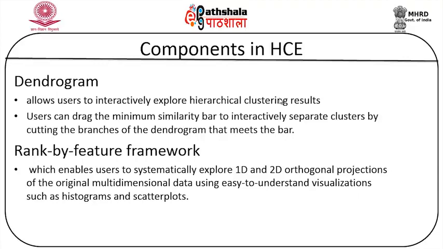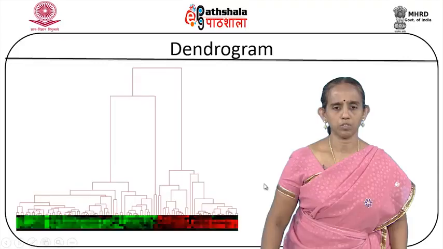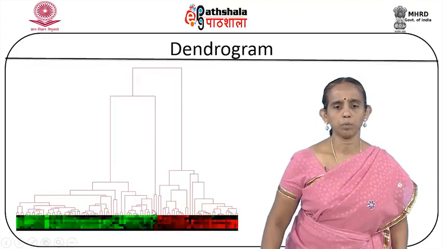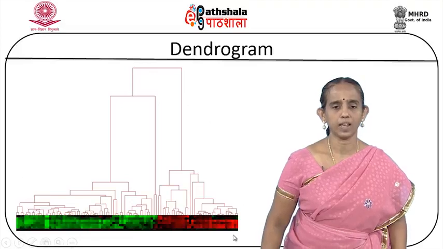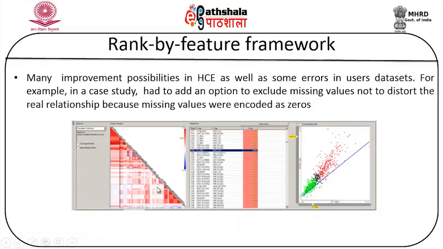There is a framework called the rank by feature framework, which enables the user to systematically explore 1D and 2-dimensional orthogonal projections of the original multidimensional data using easy to understand visualizations such as histograms and scatter plots. So this is an example dendrogram that has been drawn and which is being visualized as shown below. This is a rank by feature framework.